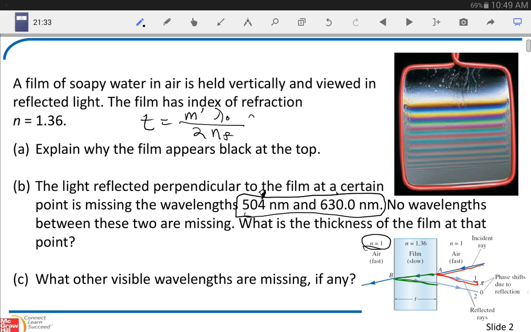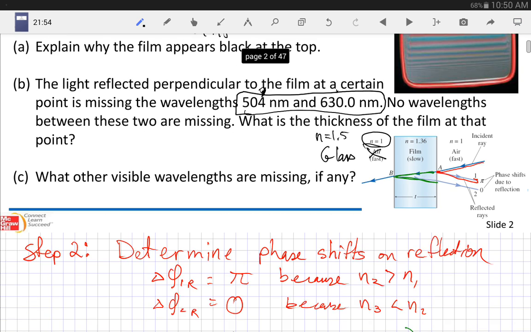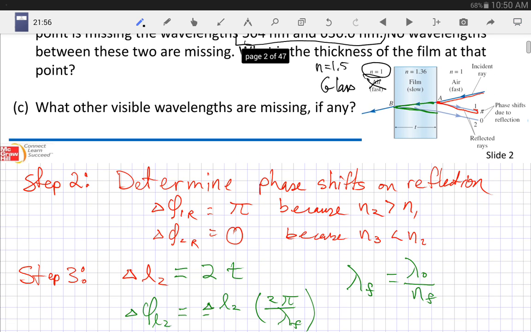If I had changed this from being air to, let's say it was glass, so n is 1.5, that would have changed my answers. Why would it have changed my answers? Okay, slower actually.